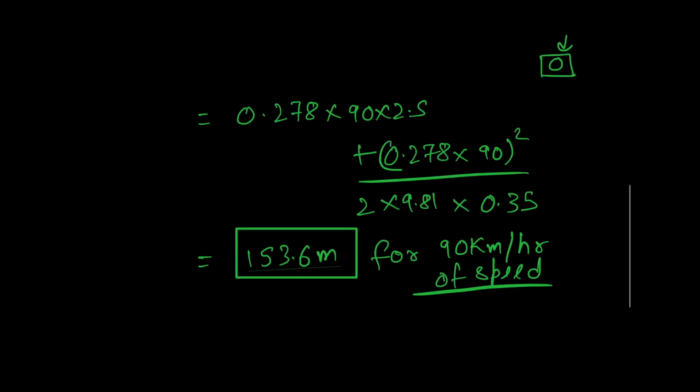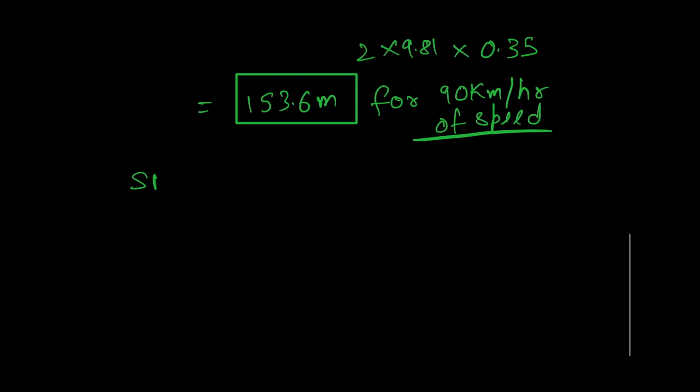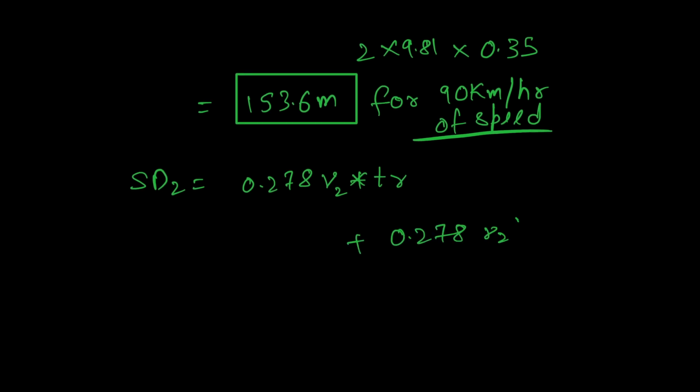right? So we'll calculate the stopping sight distance for the second vehicle. It will come out to be 0.278 V2 into reaction time plus 0.278 V2 whole to the power 2 is to be divided by 2 into 9.81 multiplied by f plus minus n percent, right?